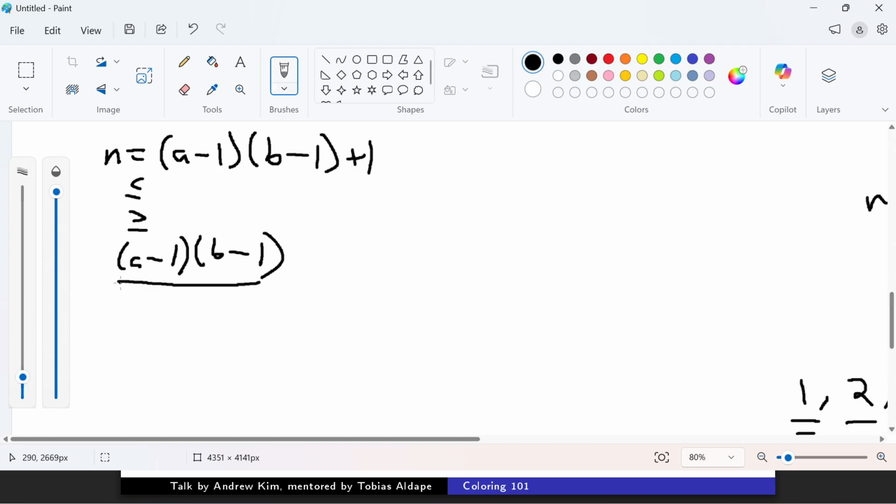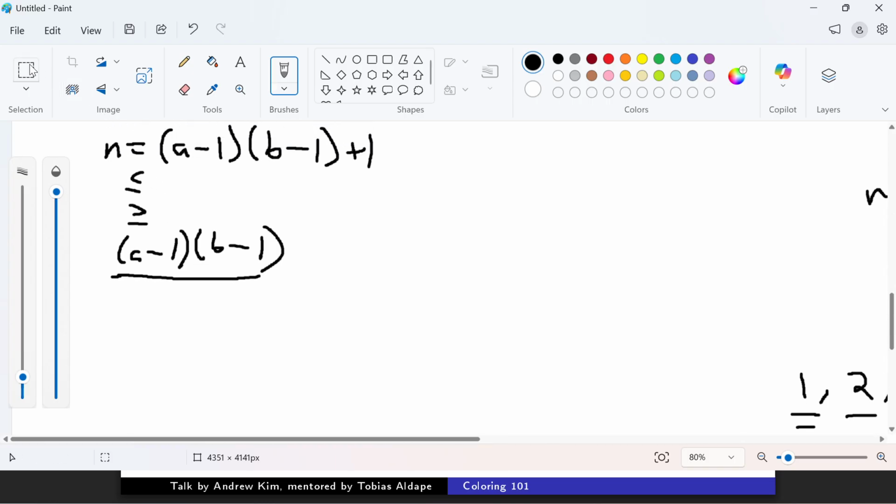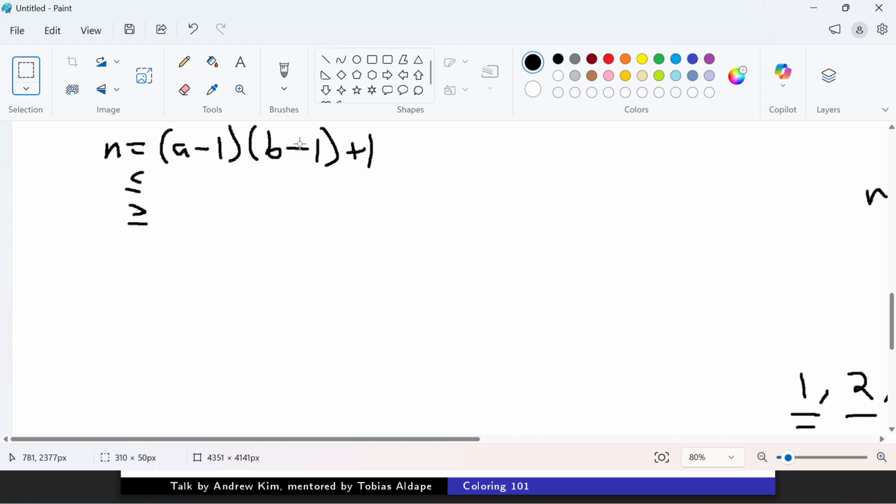So there exists a sequence of (A minus 1) times (B minus 1) distinct real numbers that avoids both the increasing and decreasing subsequences. My mentor and I constructed this sequence together, but I don't really remember how the construction went, so you'll have to figure that out on your own if you're interested.